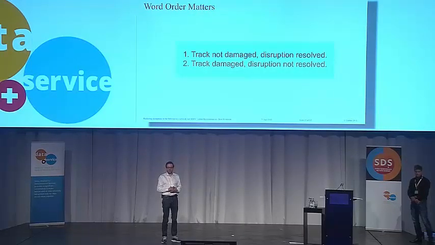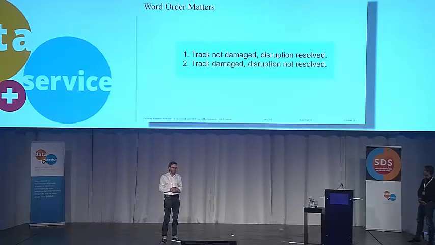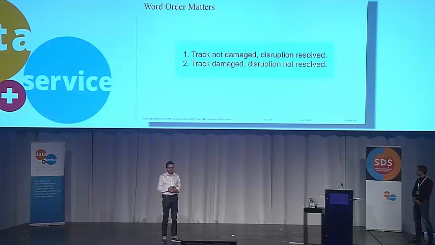So imagine you have two sentences like this, where one document says track not damaged, disruption resolved, and the other one says track damage, disruption not resolved. They have completely different meaning, but if we do just a bag of words kind of representation of the document, we would get exactly the same representation. So clearly that's a way that we could improve the model.